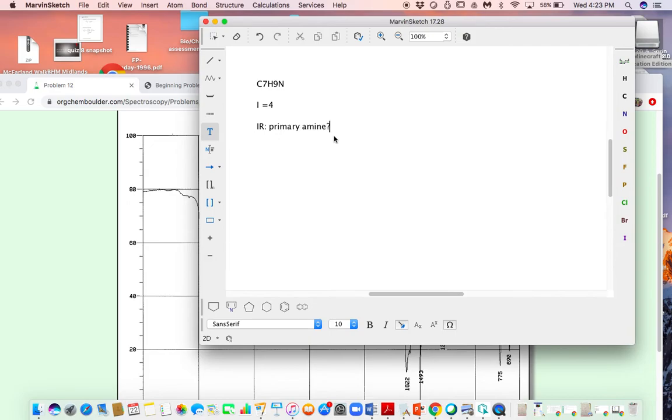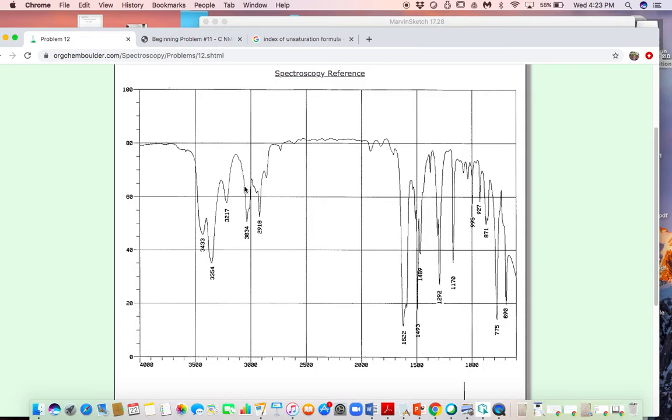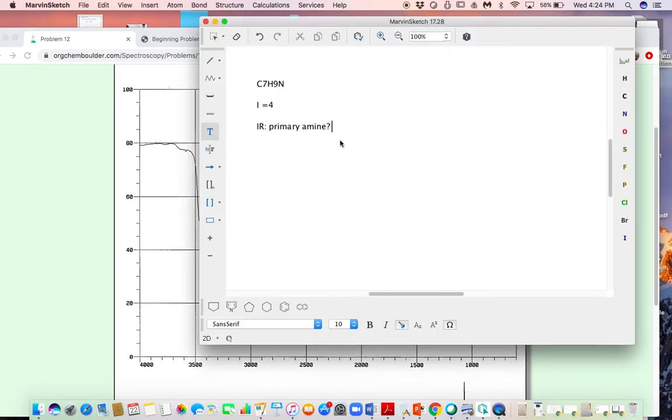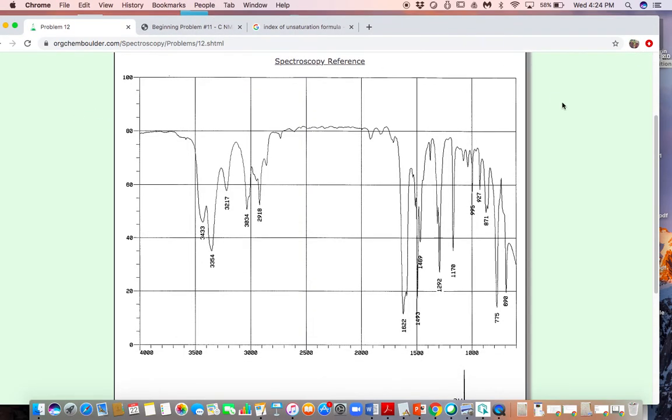So I'm going to look for the possibility of a primary amine here. Also, I can see some sp2 CH stretching. And I see some strong peaks down here. These look like OOP bands to me. And what has OOP bands? Aromatics. So I'm thinking this one might also be aromatic. All right, just a couple of things to maybe look out for and see if we can see in our NMR.